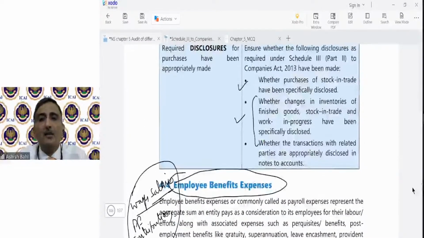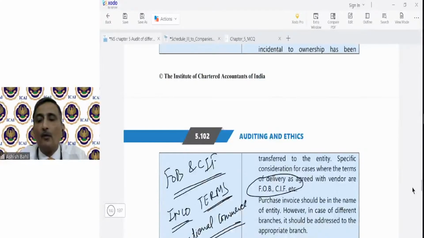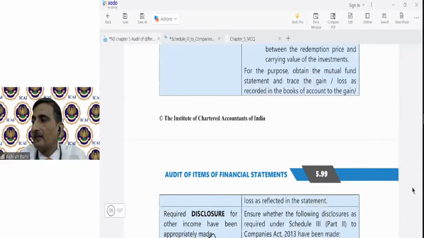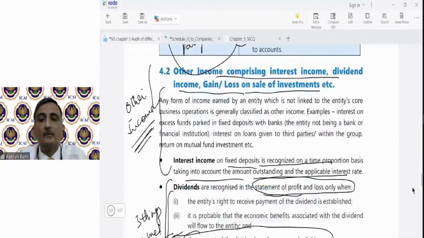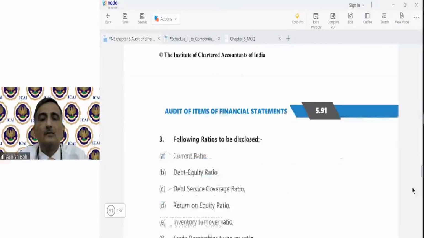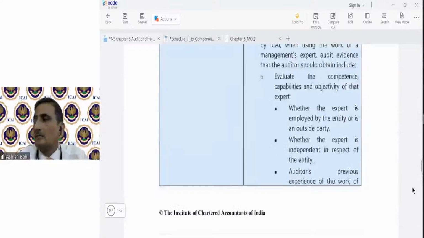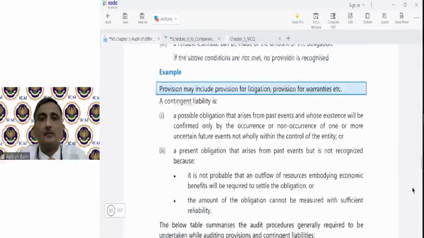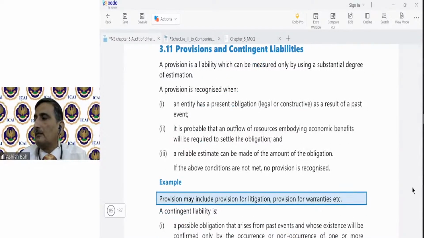Students, have you done AS29 in your accountancy classes relating to provisions and contingencies? Yes.